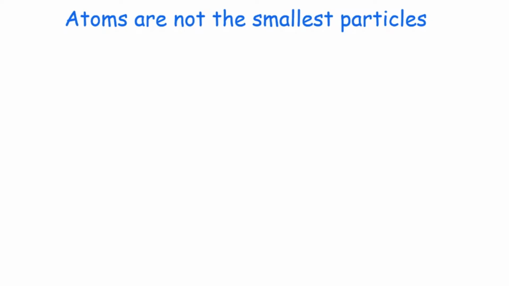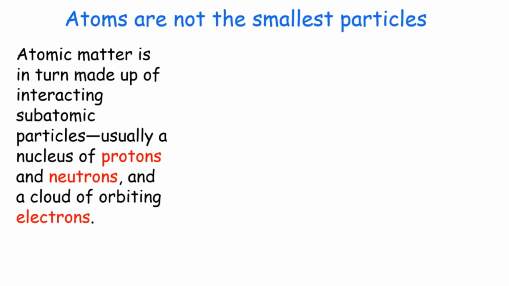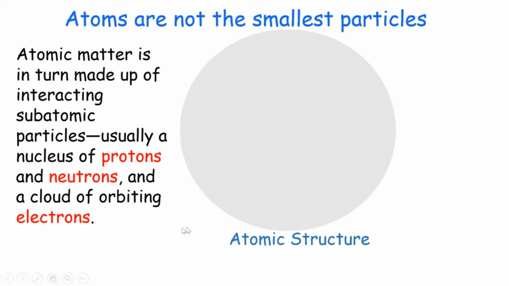Although we say atoms are the smallest building block for matter, they are not the smallest particles. There are subatomic particles such as protons, neutrons, and electrons. If we take a look at atomic structure, the entire atom is almost like an empty space.